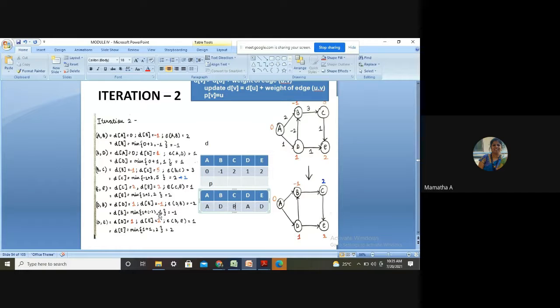So which is minimum? What is the DB value? DB is -1, isn't it? 1 minus 2. Okay, here it is -1, sorry. Anyways, both are the same now, so DB will be retained with a value of -1, right?